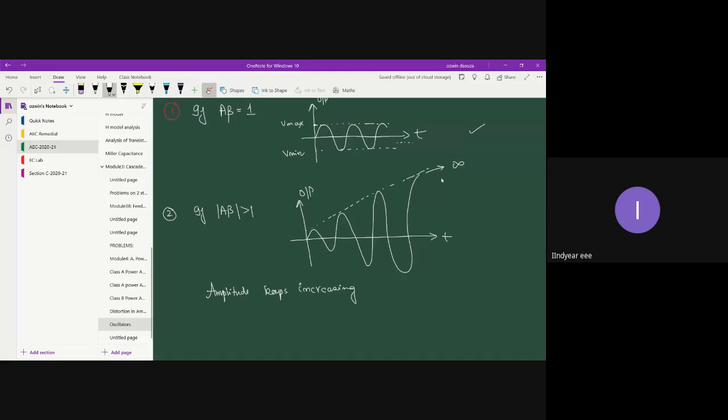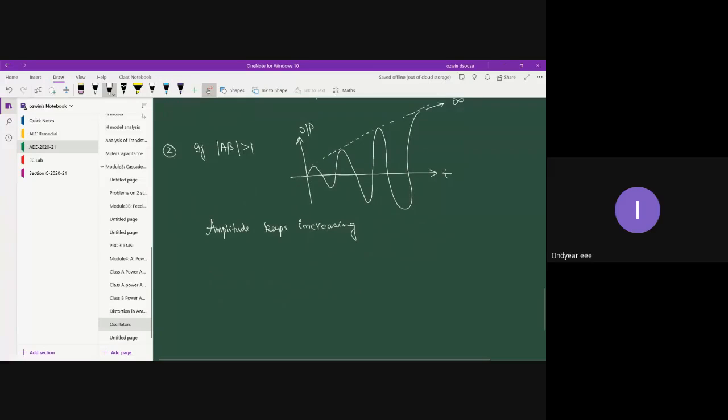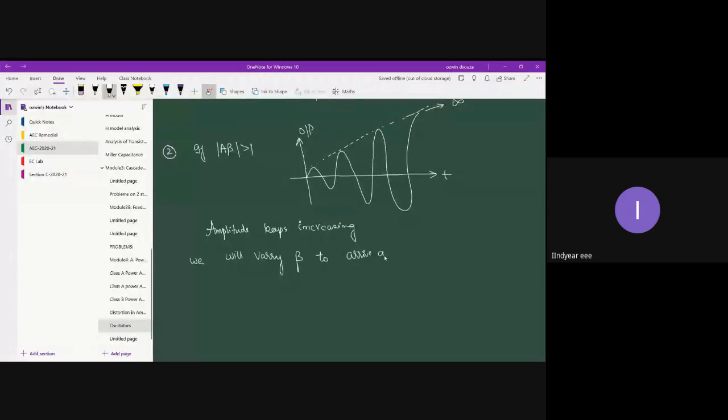The circuit may break down because of the excess voltage, so this is of no good use. If you get such a condition in your circuit, you will vary beta to arrive at the mod A beta equal to 1 condition.